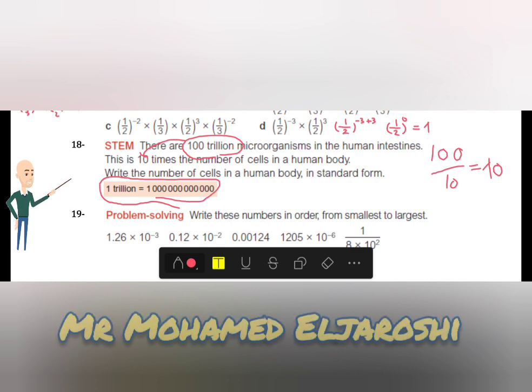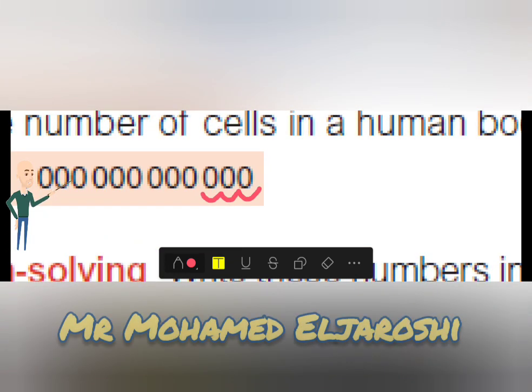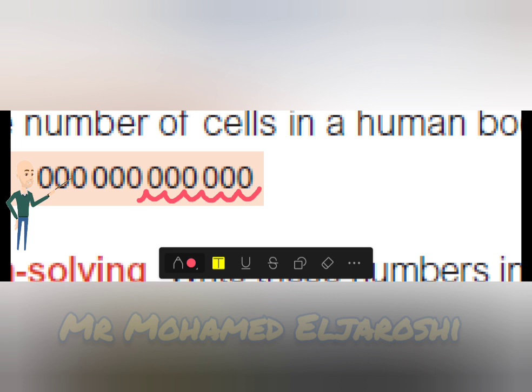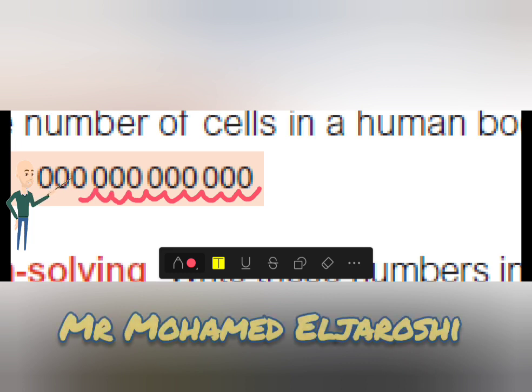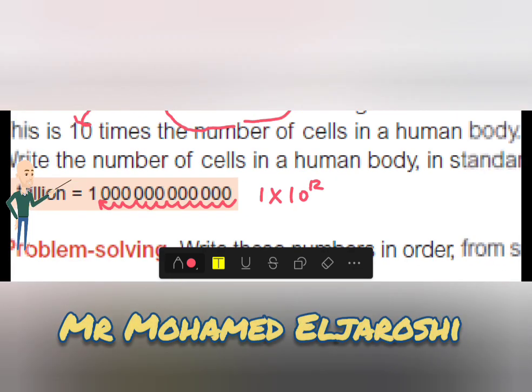As we moved it and turned it into standard form, we move this number 12 times, and we said it's 1 multiplied by 10 to the power of 12.